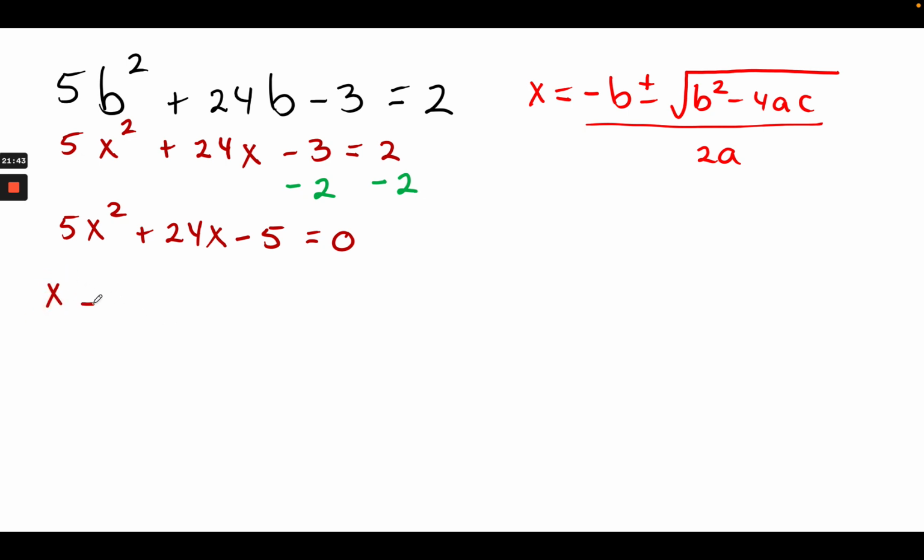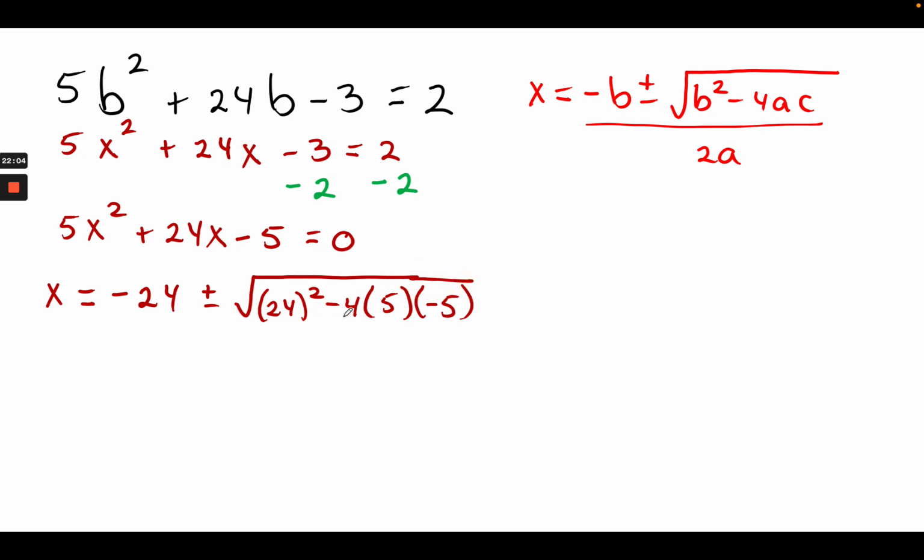So x is equal to negative b, so that's negative 24 plus or minus the square root of b squared, so that's 24 squared minus 4 times 5 times negative 5, right? 4ac all over 2a, so that's 2 times 5.